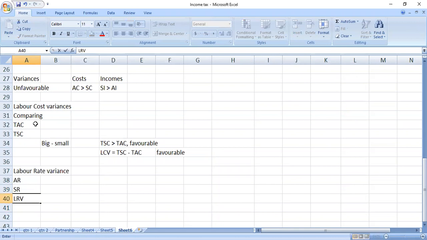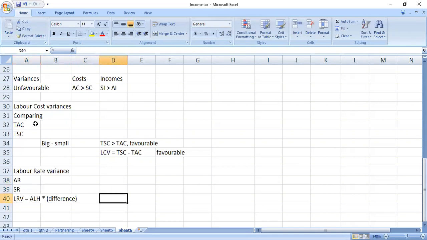Unfortunately I'm using letters, but I'm sure you can follow. We compare with the actual quantity, or let me say actual labor hours, otherwise it's quantity really, times open brackets, the difference between your actual rate and the standard rate.